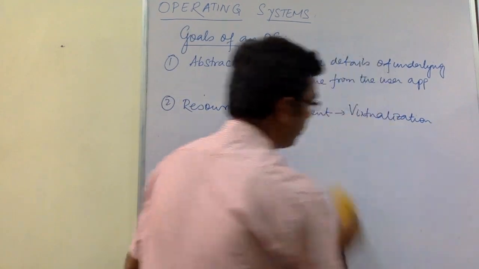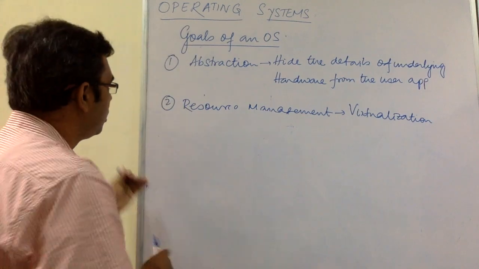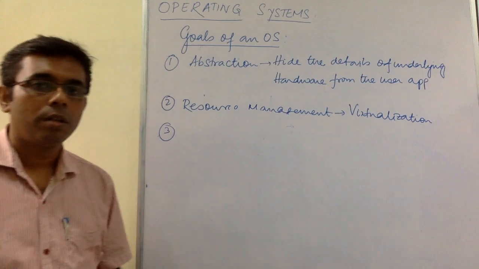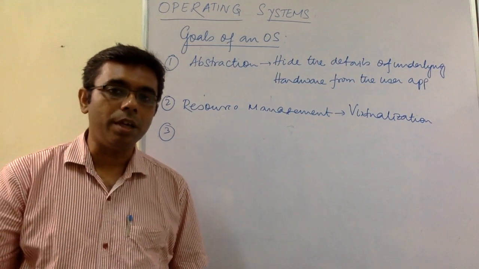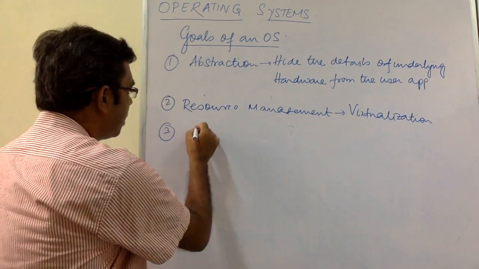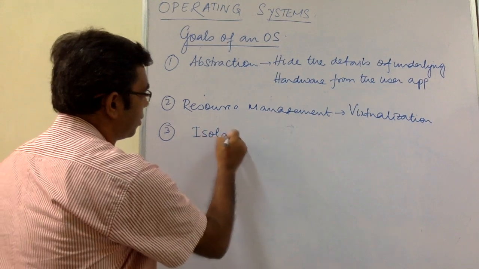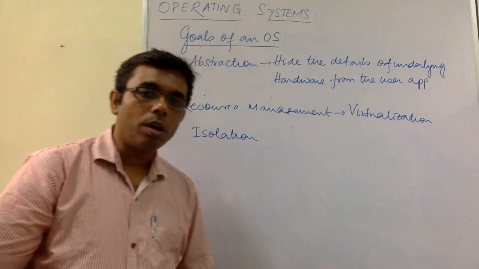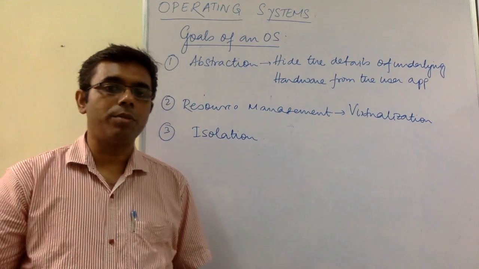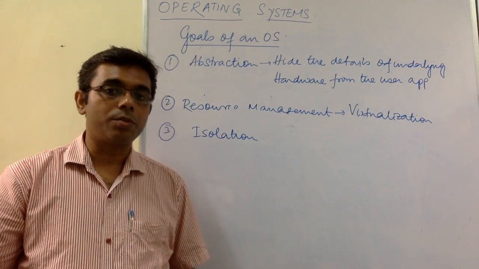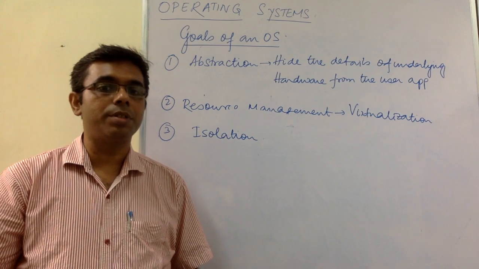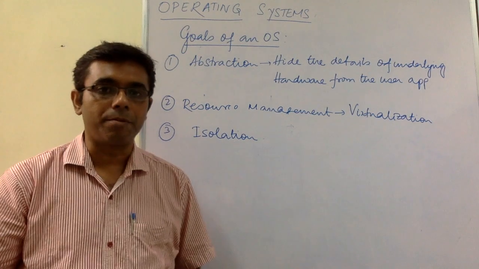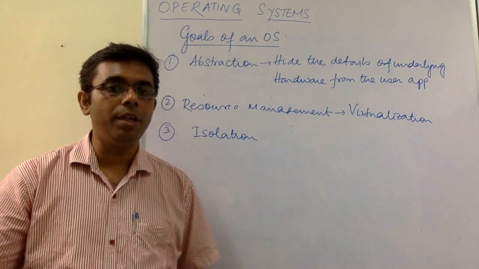Now, the third goal of the OS is to bring about something called isolation. Recap that when we were discussing the challenges, we said that when you deal with multiple programs in your system, there is a possibility that one program may encroach on the space of the other, and that may disturb the other process.